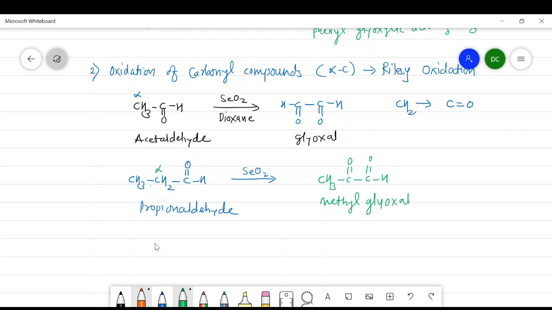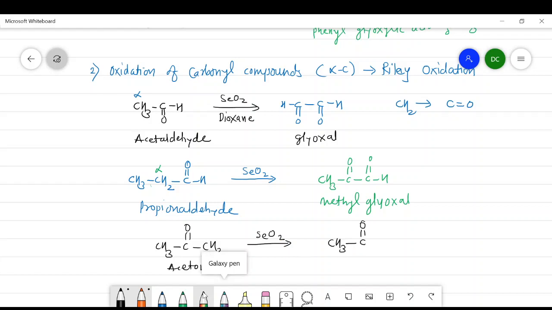Similarly, ketones can be converted into the corresponding product, and we take the example of CH3COCH3, that is dimethyl ketone, acetone. It is converted into CH3 CO, and this alpha carbon is going to convert into CHO.